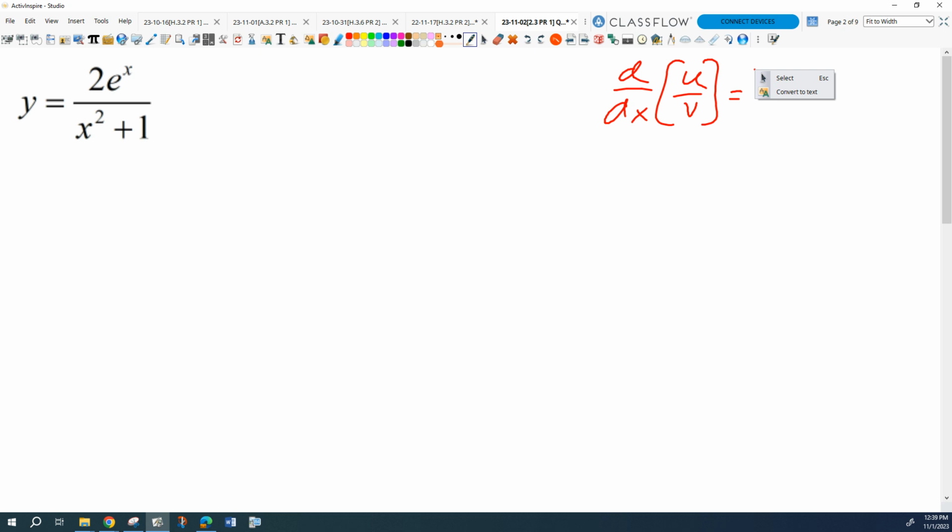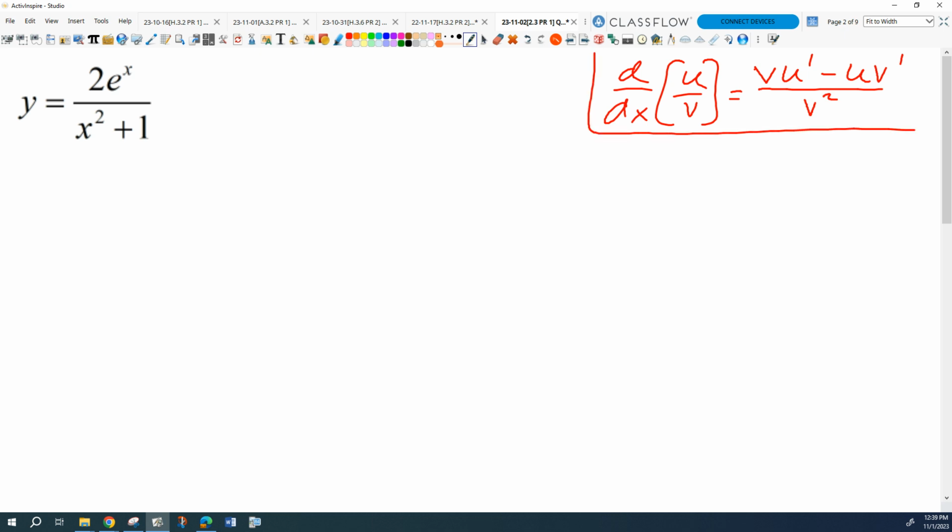So what's that going to be? v u prime, right? Low d high. So low is v, d high would be u prime. So v u prime minus u v prime over v squared. There you go.